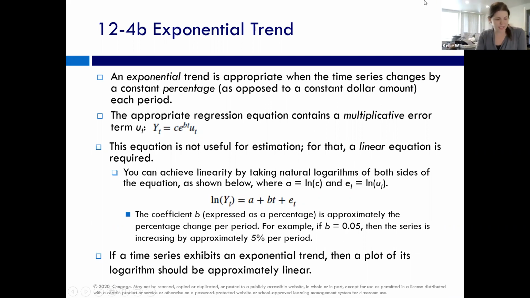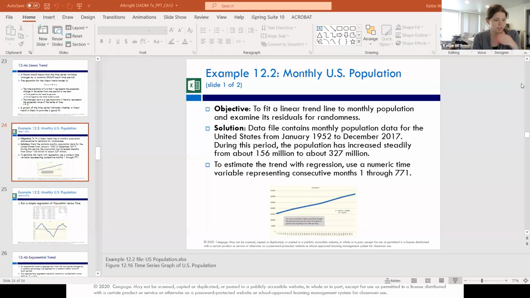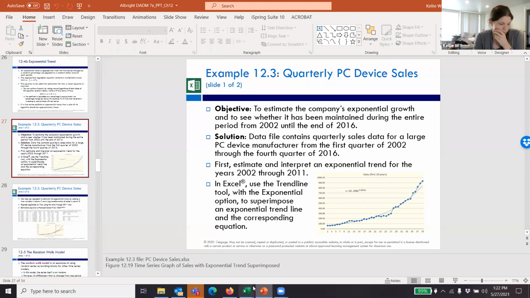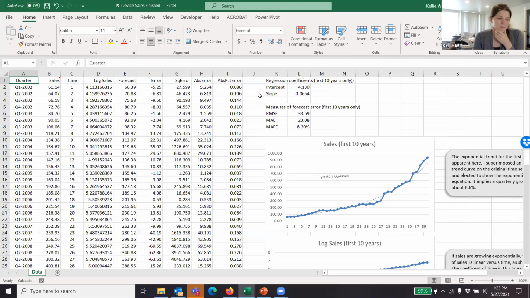If we do have an exponential trend, then our plot of our natural logs would be approximately linear. So let's go to the example.